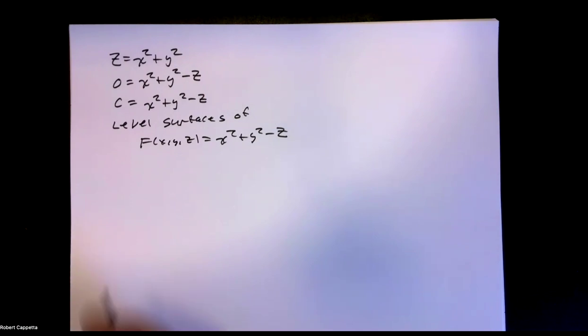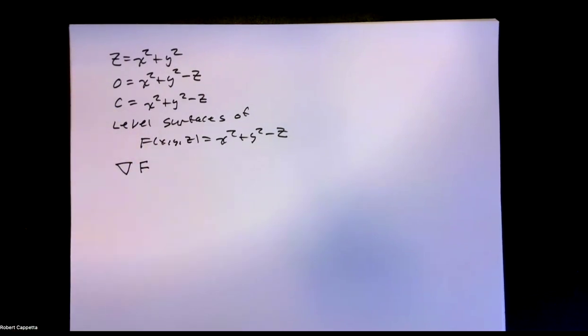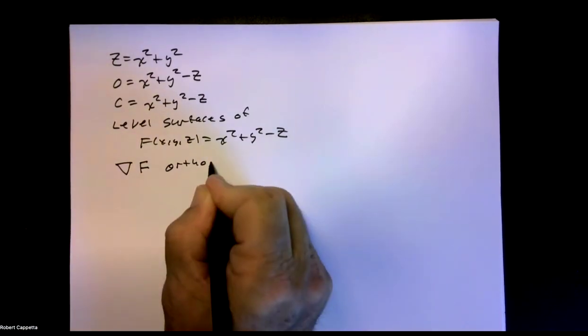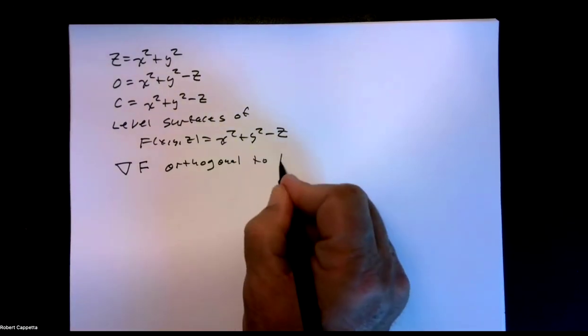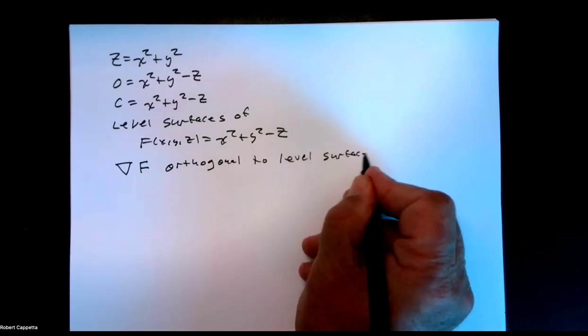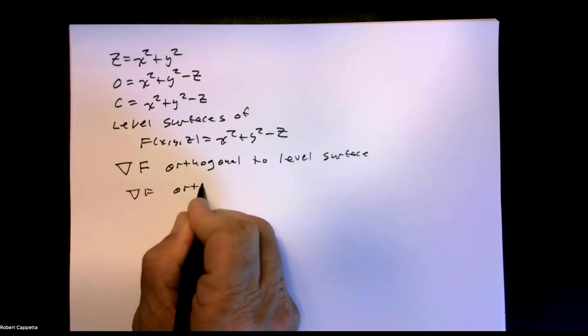And then what did we do? Then we took the gradient of big F, because that will be orthogonal to the level surface. But if it's orthogonal to the level surface, it's also orthogonal to the tangent plane. So the gradient of F is also orthogonal to the tangent plane.